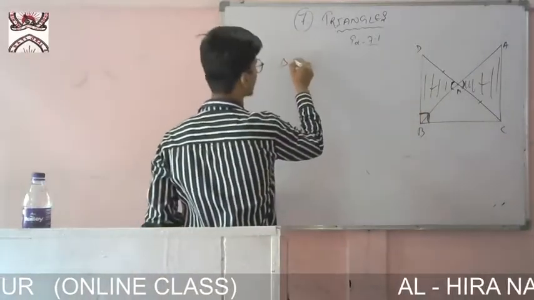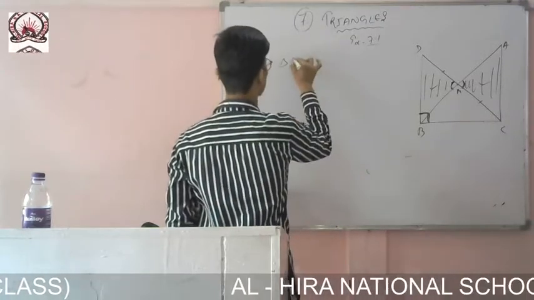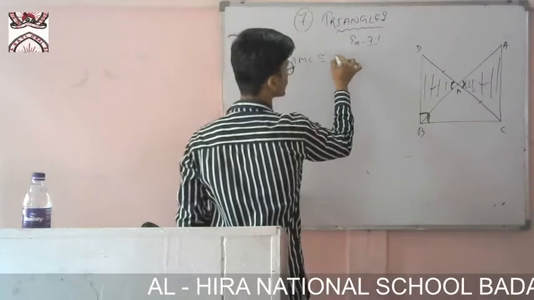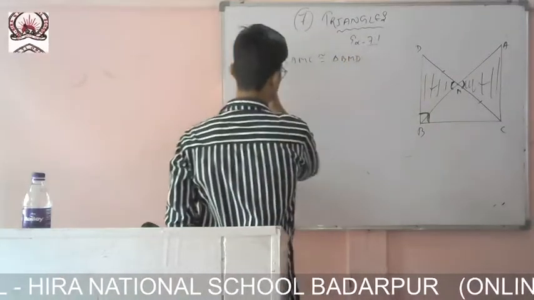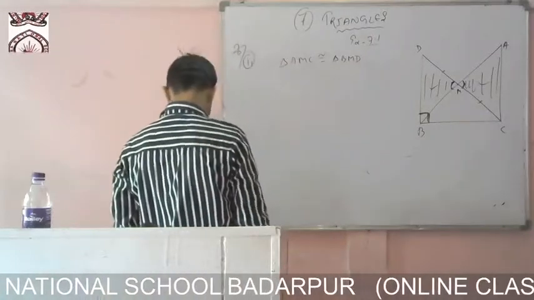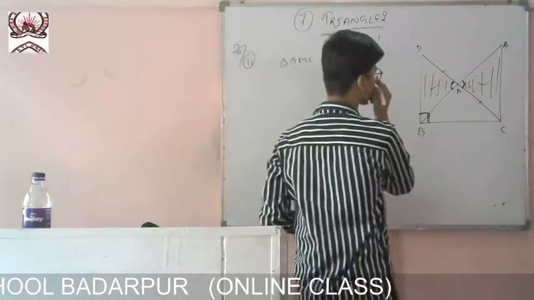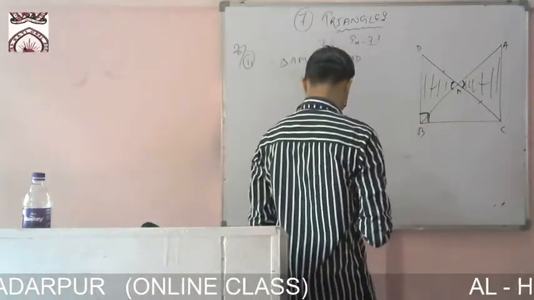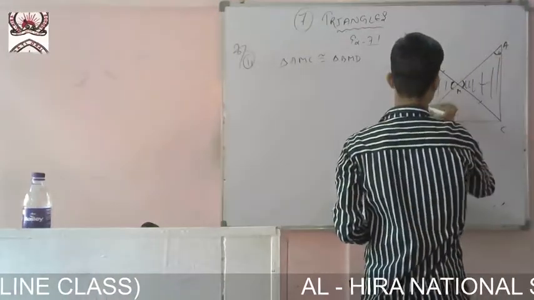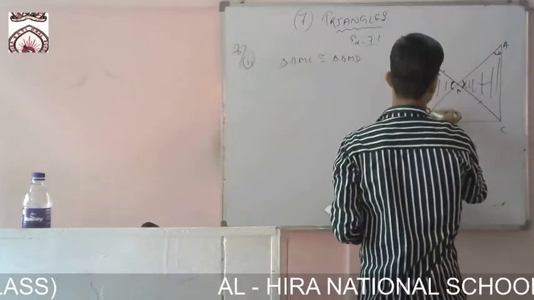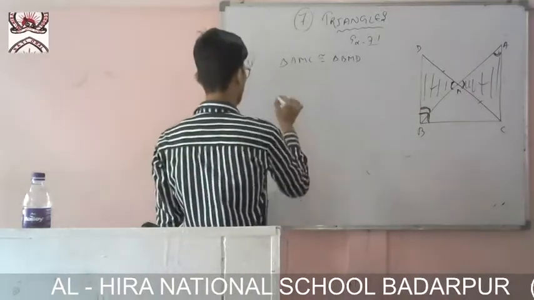So triangle AMC was congruent to triangle BMD, so I can write that this angle is equal to this angle.